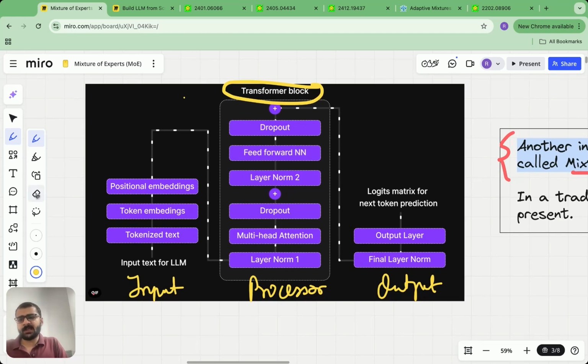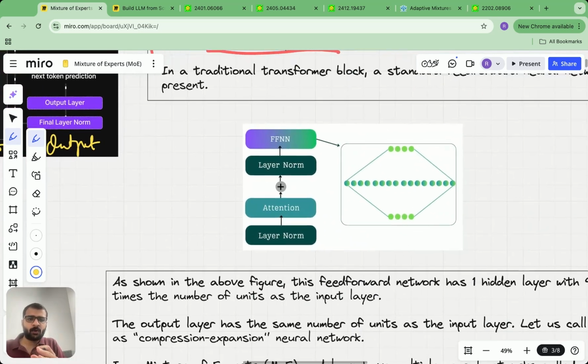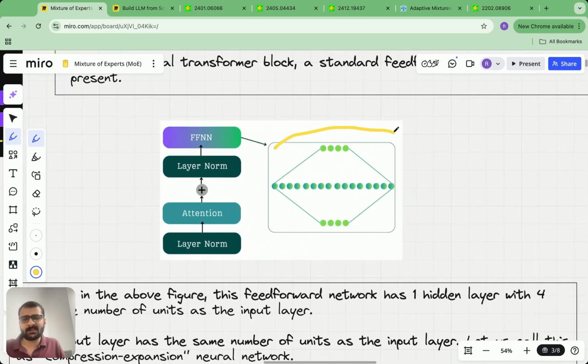Mixture of experts is an innovation which is especially concerned with one block among this entire architecture, and that's this feed forward neural network. If you carefully look at this feed forward neural network, it looks something like this. If this is the input embedding dimension, the feed forward neural network projects it into a hidden layer whose dimension is four times the embedding dimension, and then it projects it back into the original input dimension.